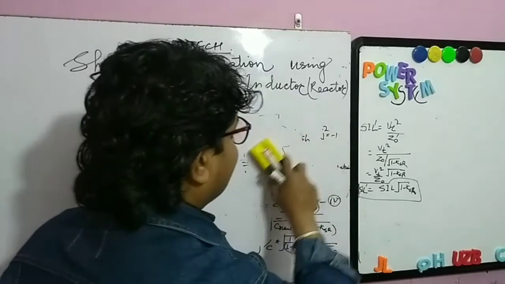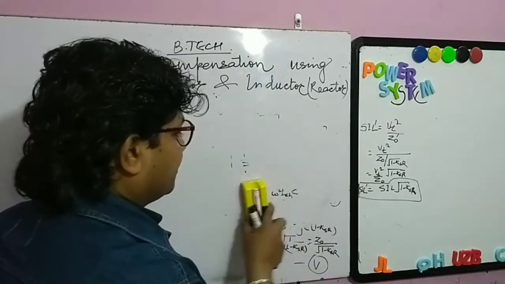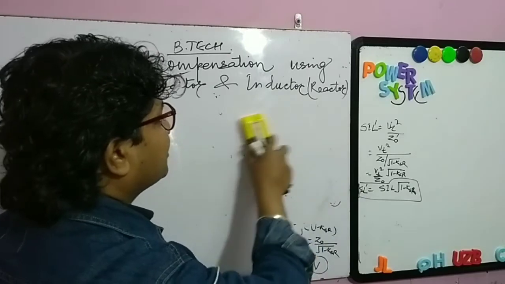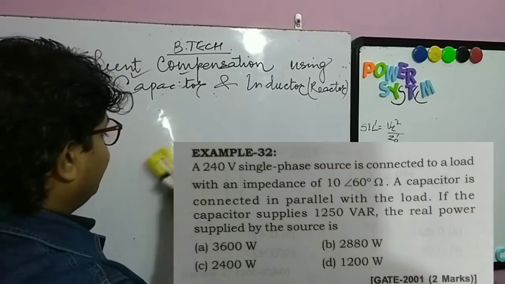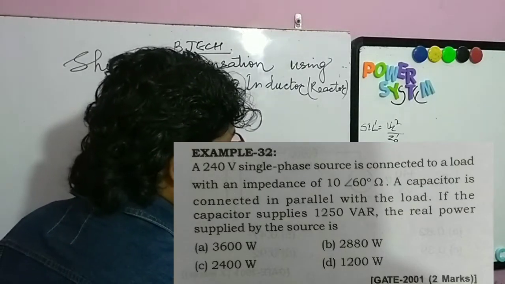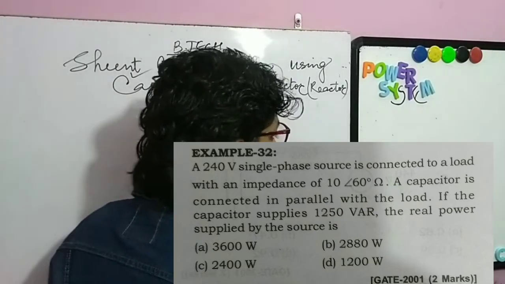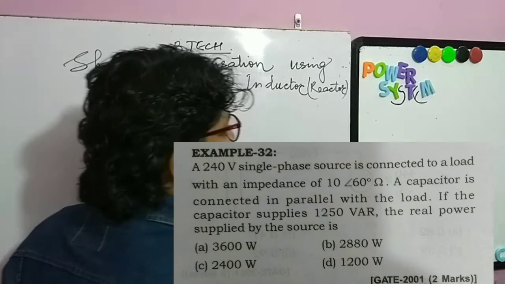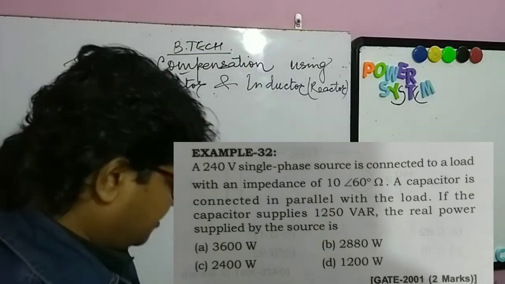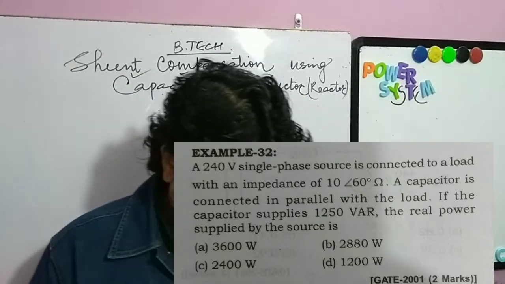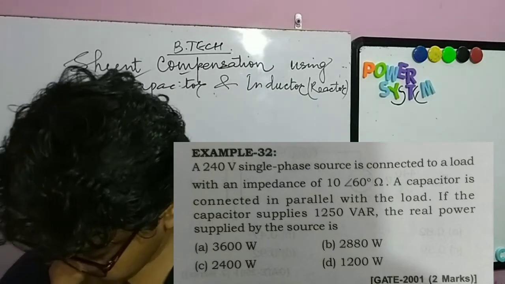So the question is, we are provided with a single phase load, and an impedance is given. The load is single phase type and it is connected in parallel.